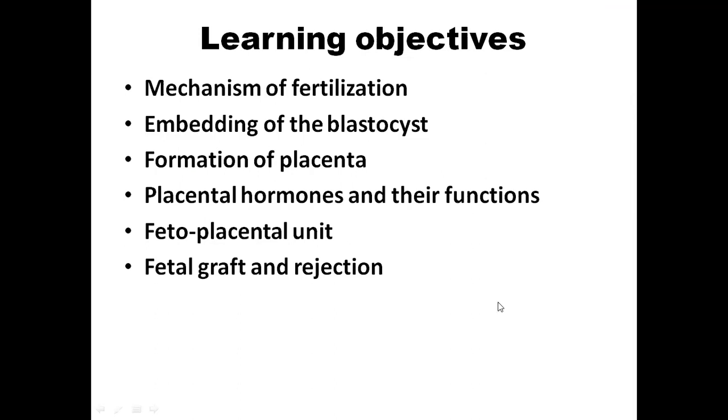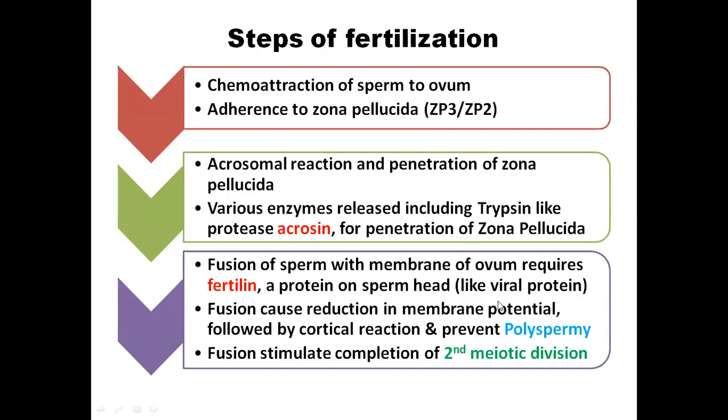class. Now, the steps of fertilization, as we all know, is that the sperm is deposited in the female reproductive organ, that is vagina. And now this sperm is attracted towards the ovum.